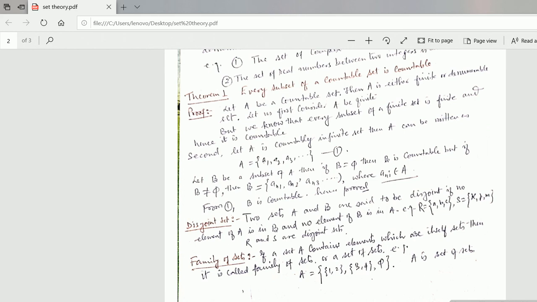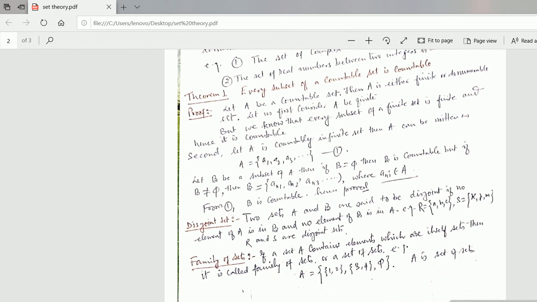But we know that every subset of a finite set is finite, and hence it is countable. Second, let A be a countably infinite set. Then A can be written as A = {a1, a2, a3, ...}. Let B be a subset of A. If B is equal to the empty set, then B is countable.